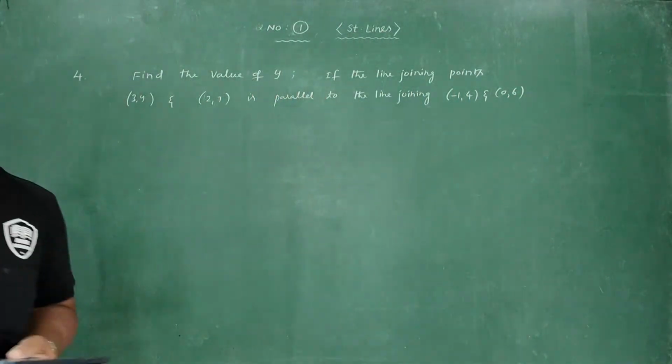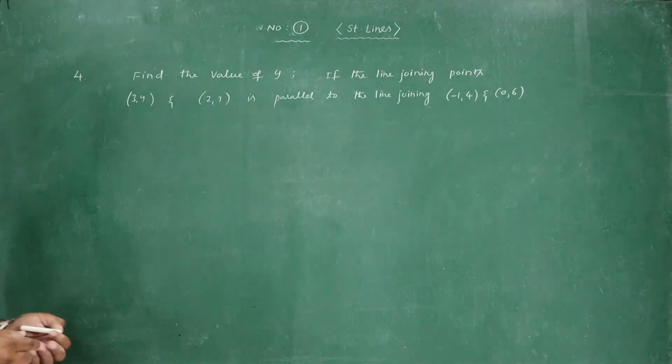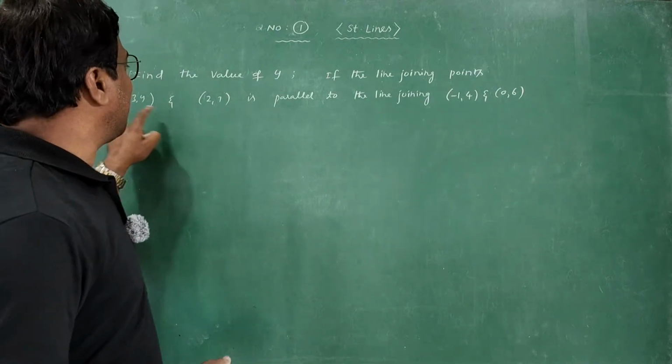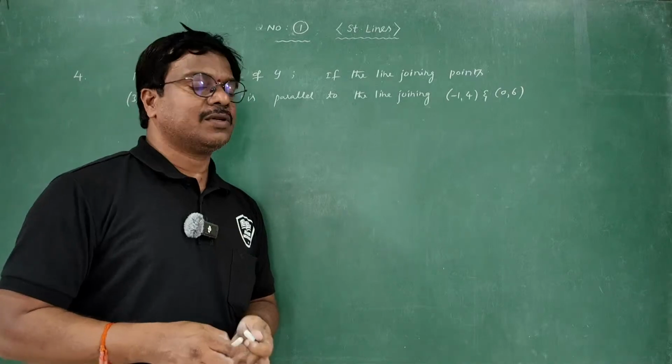This is the question. See this question, find the value of y if the line joining points 3, y and 2, 7 is parallel to the line joining -1, 4, 0, 6.